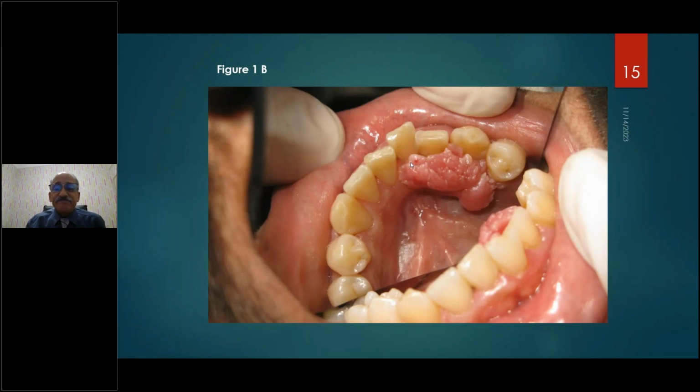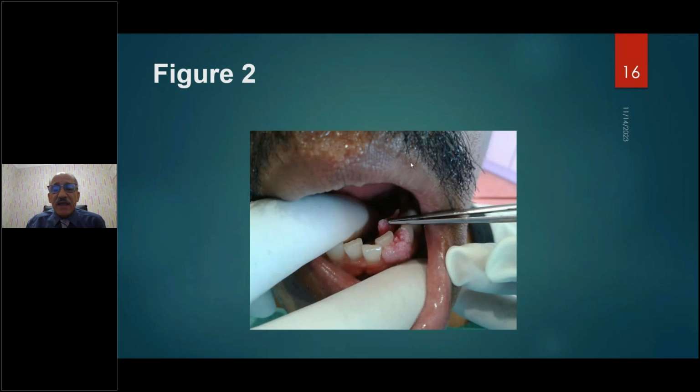Next, please. This is also the lesion, and here the labial area of the lesion. In addition to the lingual, the labial area is present here, surrounding the labial surface of the teeth. Next, please.